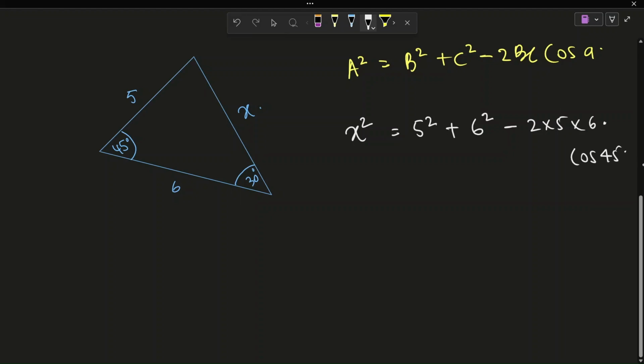Now to further simplify this, we get x squared equals 25 plus 36 minus 60 times cos 45 degrees, because 2 times 5 times 6 is 60. I'm taking 45 degrees and not 30 degrees because the two sides that I'm using are 5 and 6, and the included angle between 5 and 6 is 45 degrees.